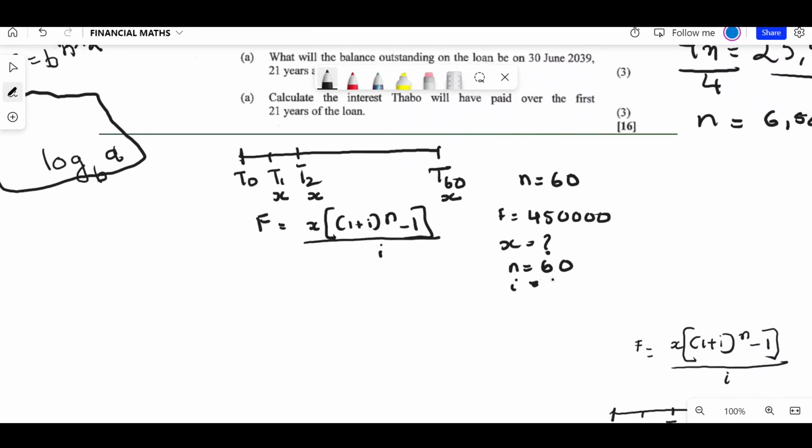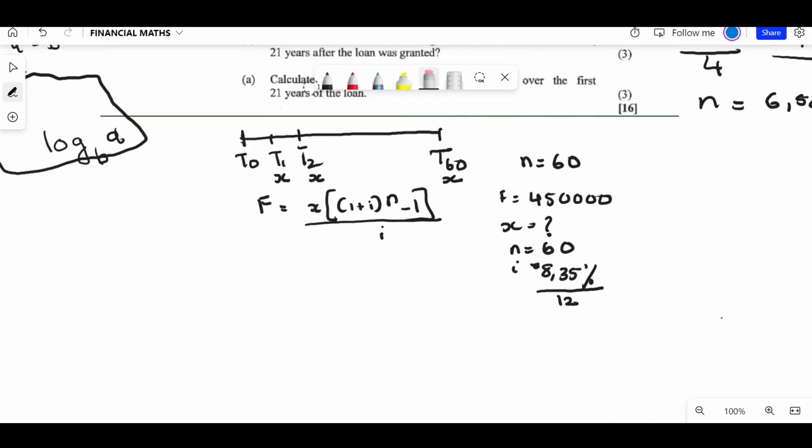So here we are going to say 8,35% divided by 12. So go back to the formula now. We are going to substitute. F is 450,000. 450,000 equals x times 1 plus 8,35%.